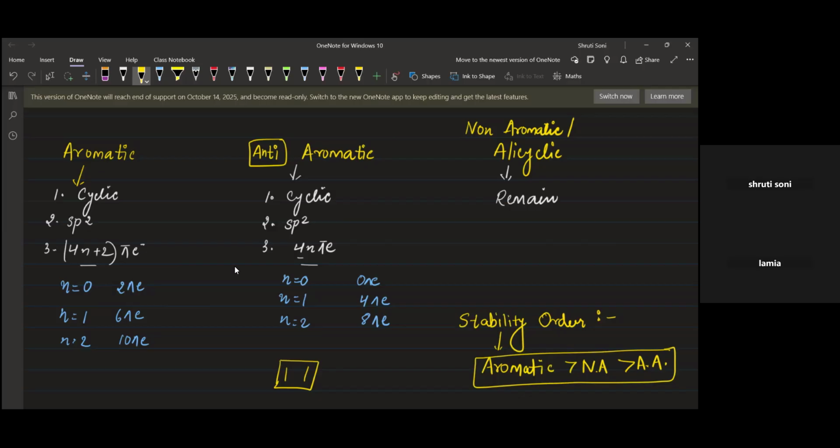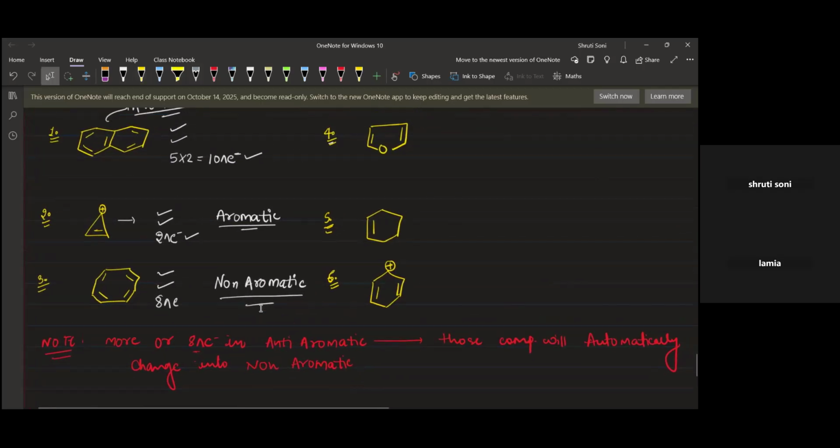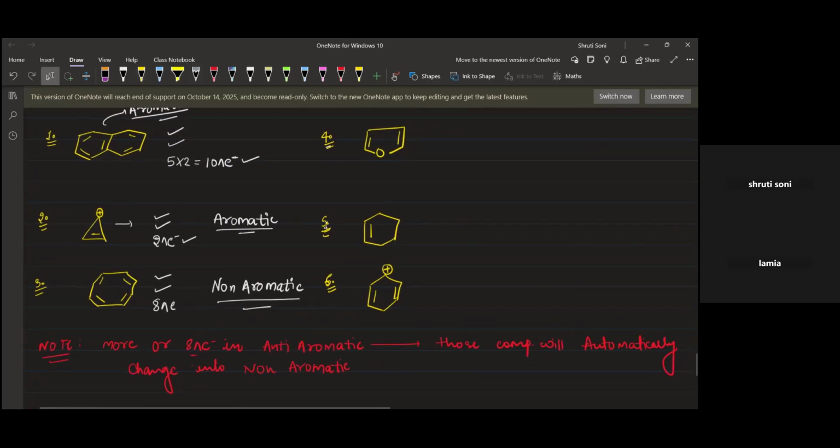Okay. So now note this down also: if the pi electrons are 8 or more than 8, and the compound is anti-aromatic, those compounds will automatically change into non-aromatic.